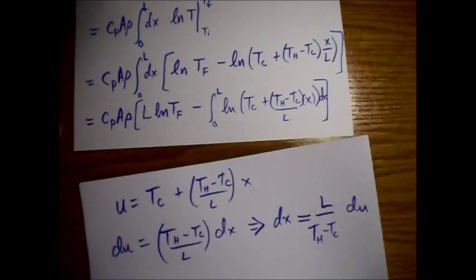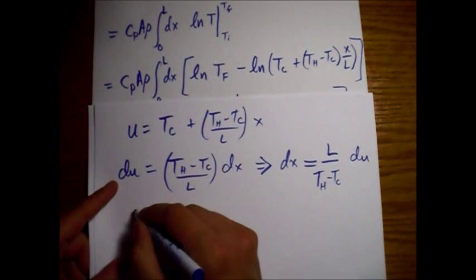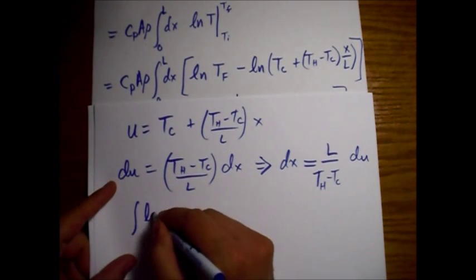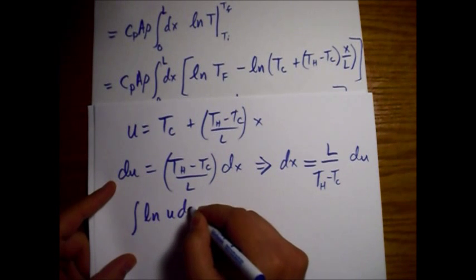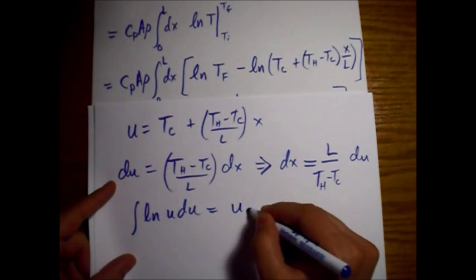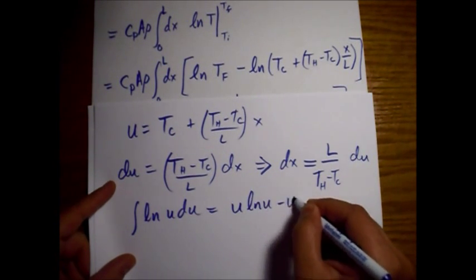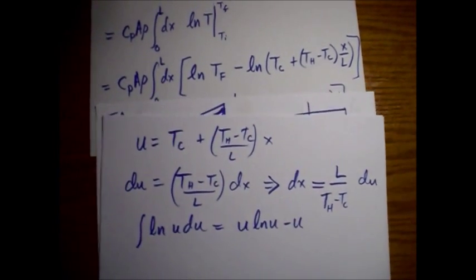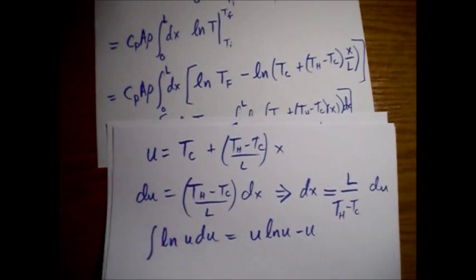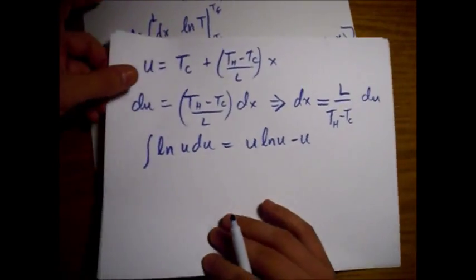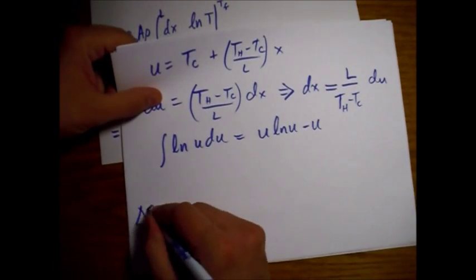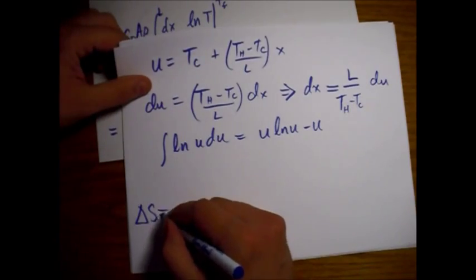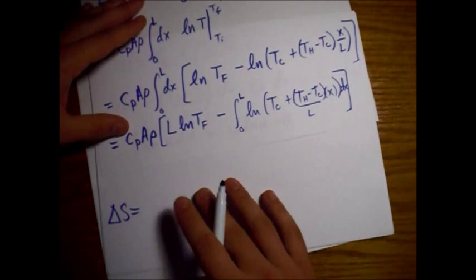And the antiderivative of natural log of u is just u ln u minus u. Okay. So, kind of plugging these things in, what do we get? Again, what we're looking for is the change in entropy.